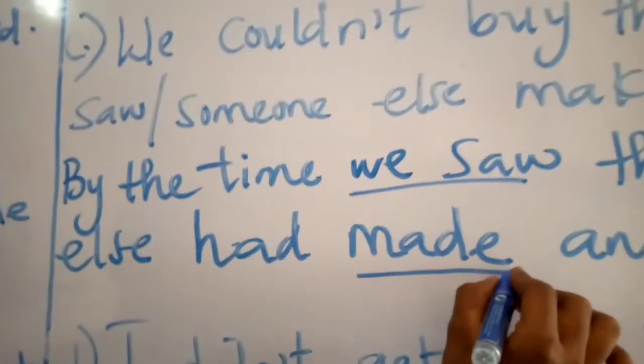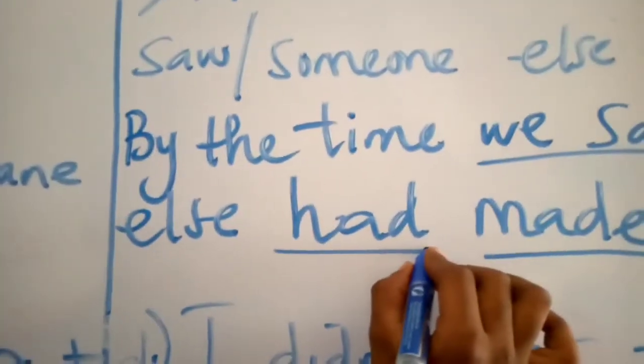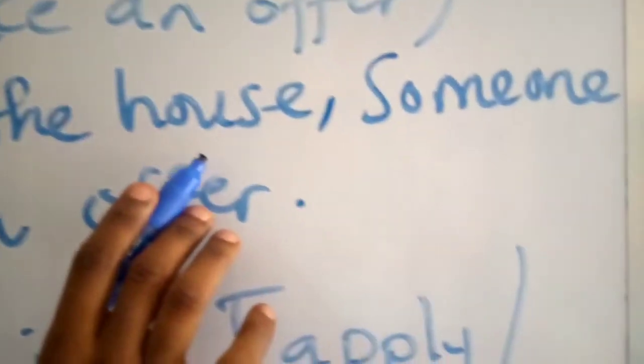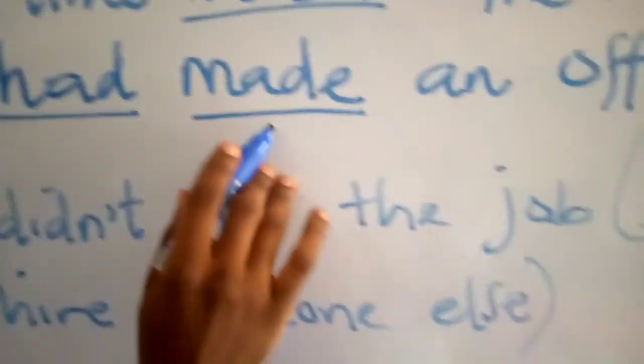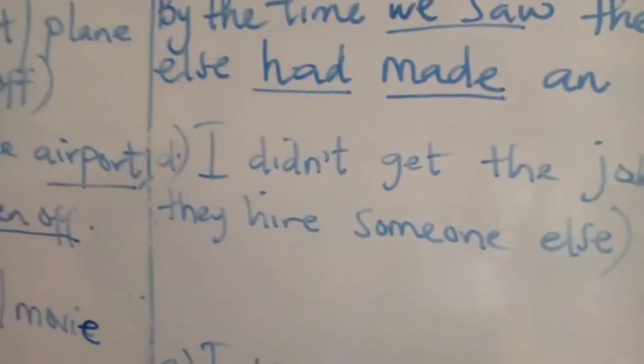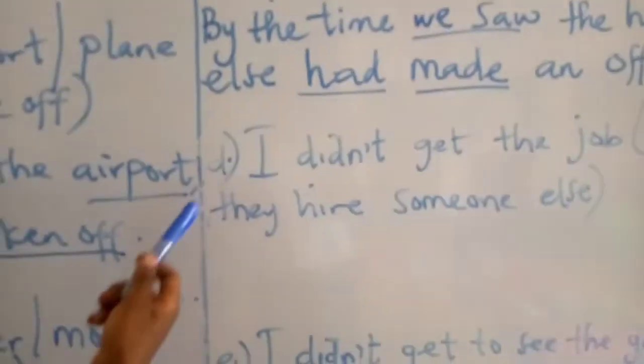Can you see that? Not make now. This changed to made. Had. By the time we saw the house, someone else had made an offer. All right. Let's look at letter D.